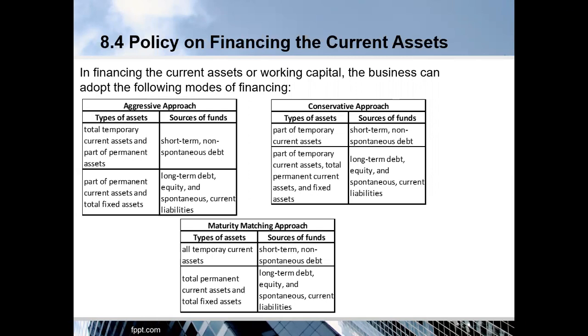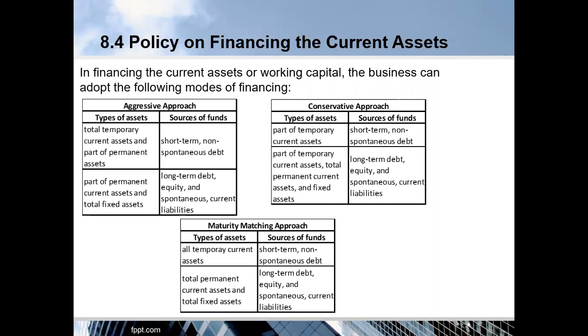Okay, so in financing the current asset or working capital, the business can adopt the following modes of financing: the aggressive approach, conservative approach, and the maturity matching approach. For the aggressive approach, the types of asset are total temporary assets and part of permanent assets, financed by short-term, non-spontaneous debt.